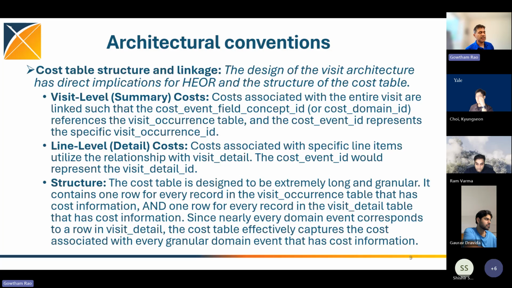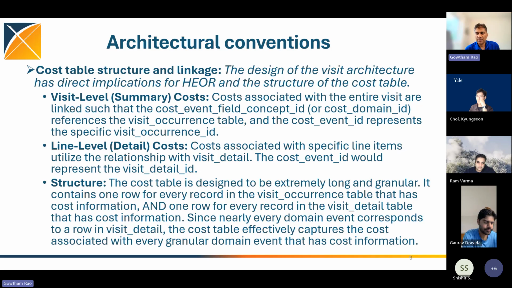Now, here's the caveat. Because of the way this is designed, the cost table is a very long entity attribute value table. It is going to be long because it captures a lot of detail. The structure of the cost table is designed to be extremely long and granular, and the ETL folks are going to complain about it because it is going to be the largest table in the OMOP CDM.